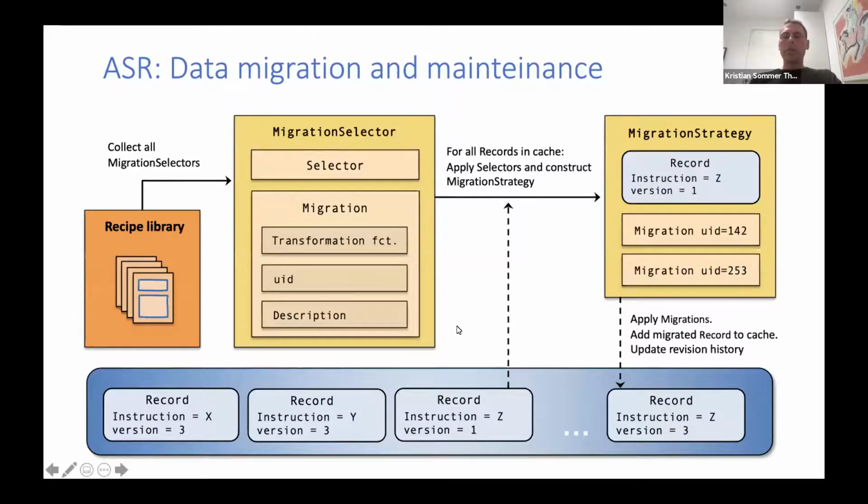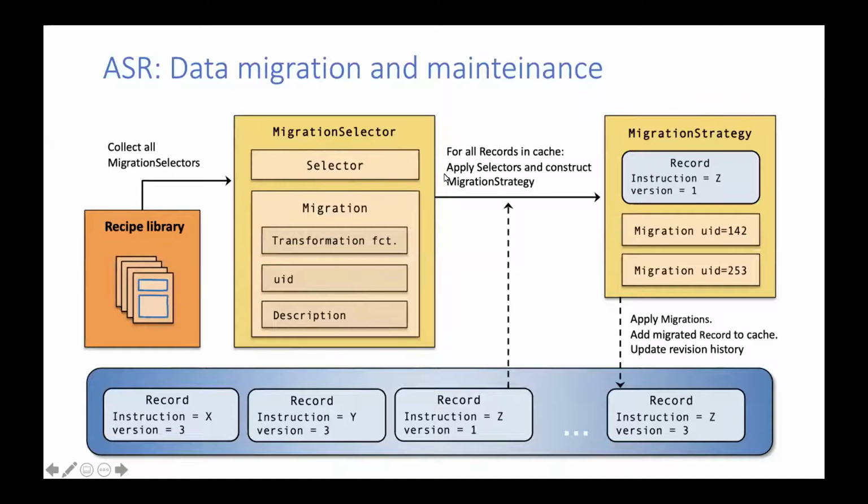And here's some graphics that just illustrate how we do that in practice. So you have your recipe library, all the recipes that you're working with. Those recipes have a migration object here, a migration selector. The selector can go in for a given record and say, is this a record that could be migrated? And then it has a transformation that performs the migration.